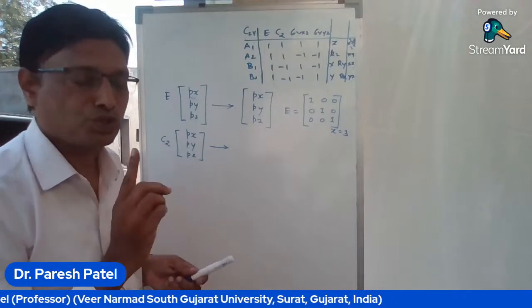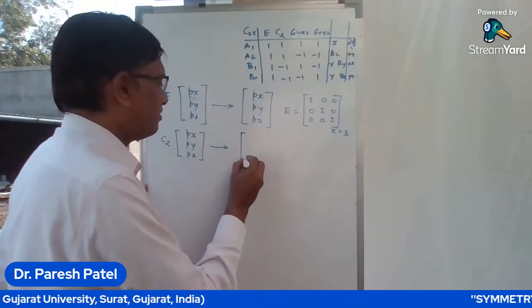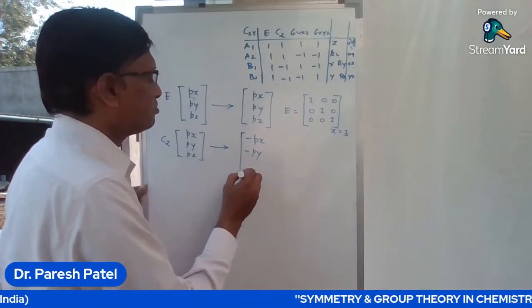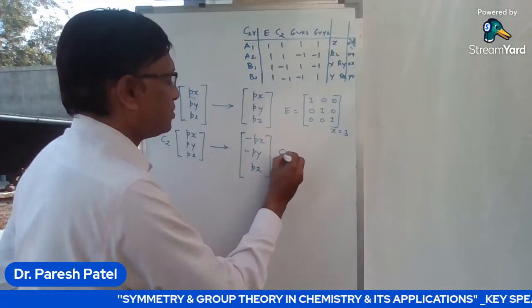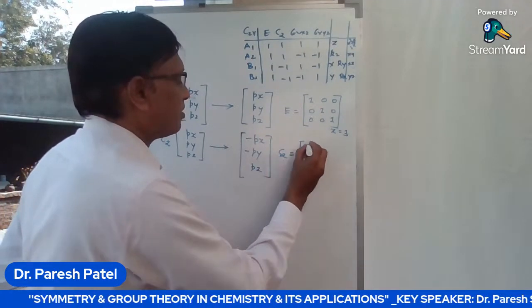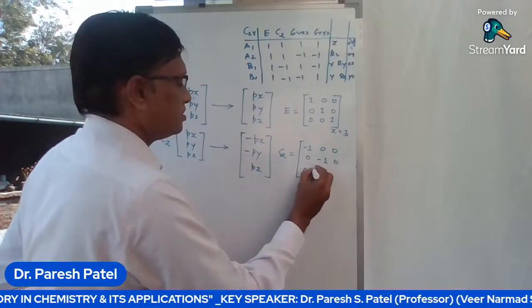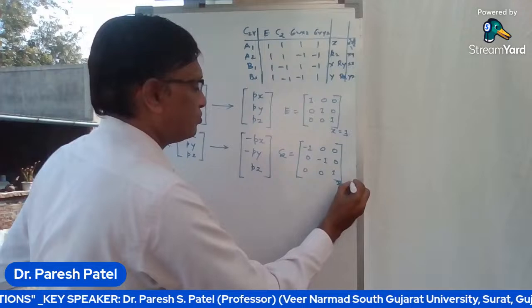It means there is no change in the position of Pz. So we can write that Px becomes minus Px, Py becomes minus Py, and Pz remains as it is. So C2 can be represented as minus 1 0 0, 0 minus 1 0, 0 0 1. So the character is equal to minus 1.